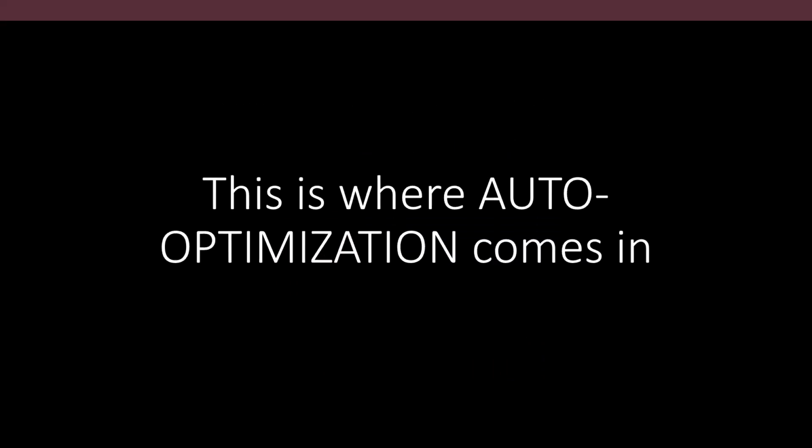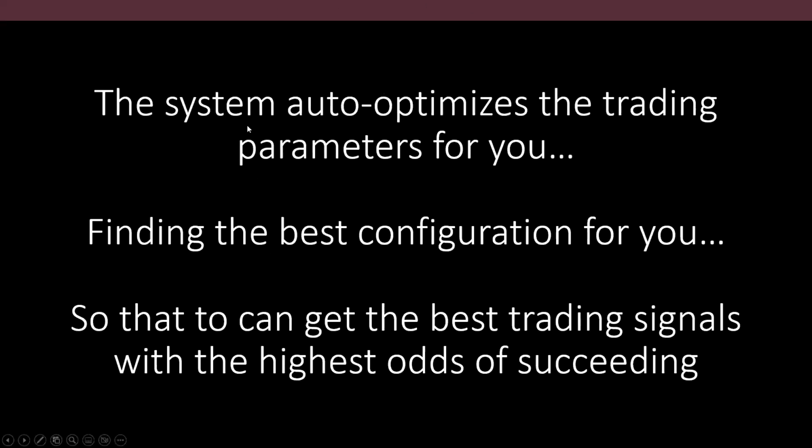Basically, auto optimization means the indicator will find the best parameters for you. It will do the heavy lifting for you, finding the best combination of parameters, which values to use, so that you, as a trader, can get the best trading signals using the optimal parameters. The best trading signals which have the highest odds of hopefully succeeding in a successful trade.